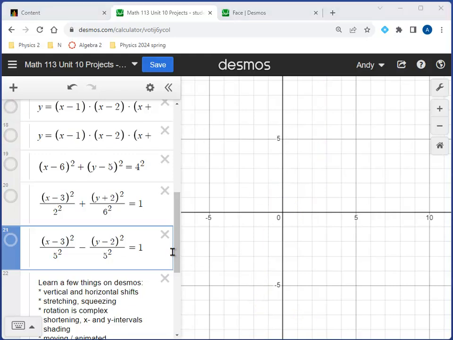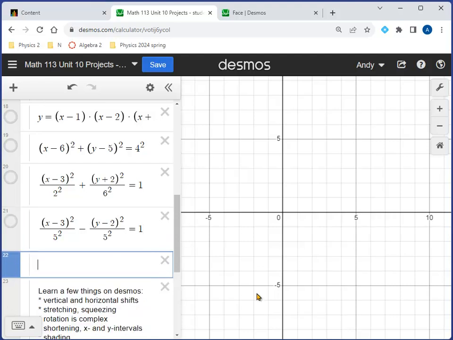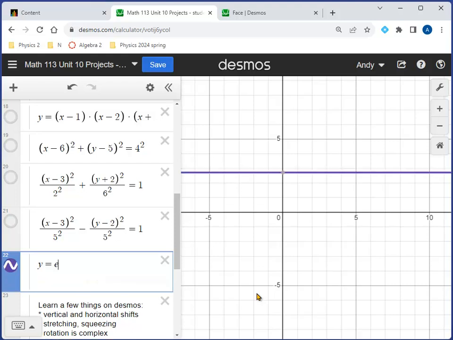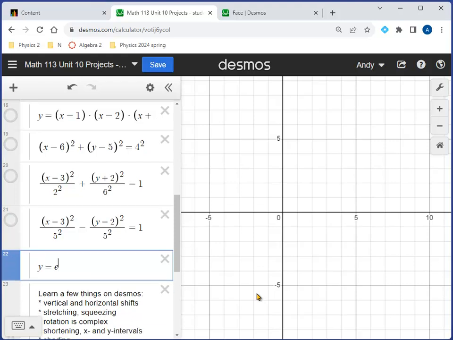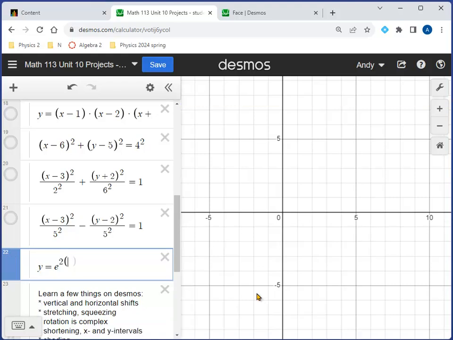Just a few more. Next one is going to be an exponential. We're back to y equals something, so e to the power. It already knows what e is, that 2.71 there a moment ago. So in the exponent there, so 2 times x plus 3.